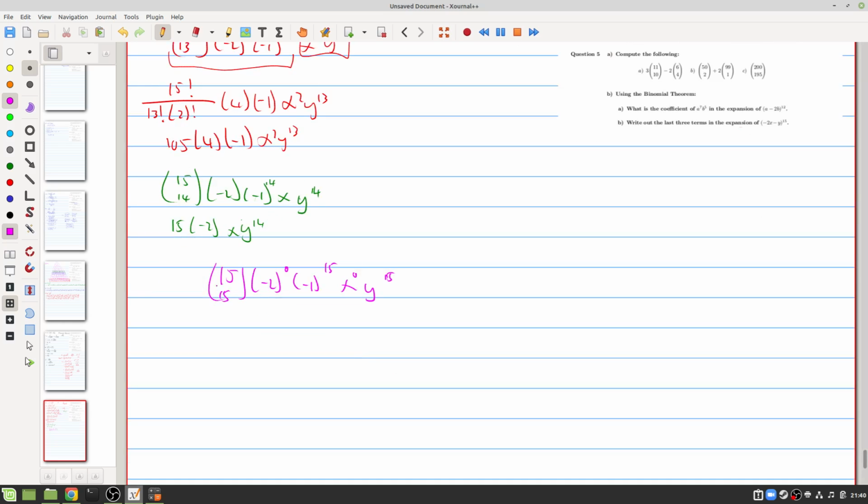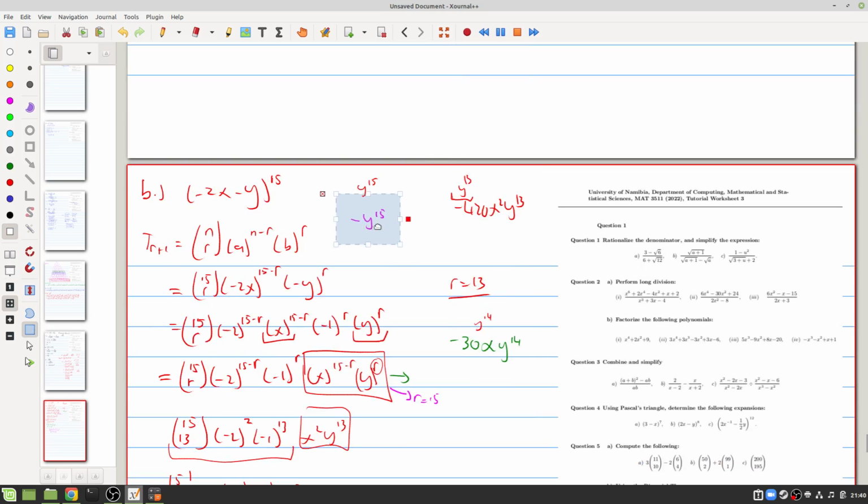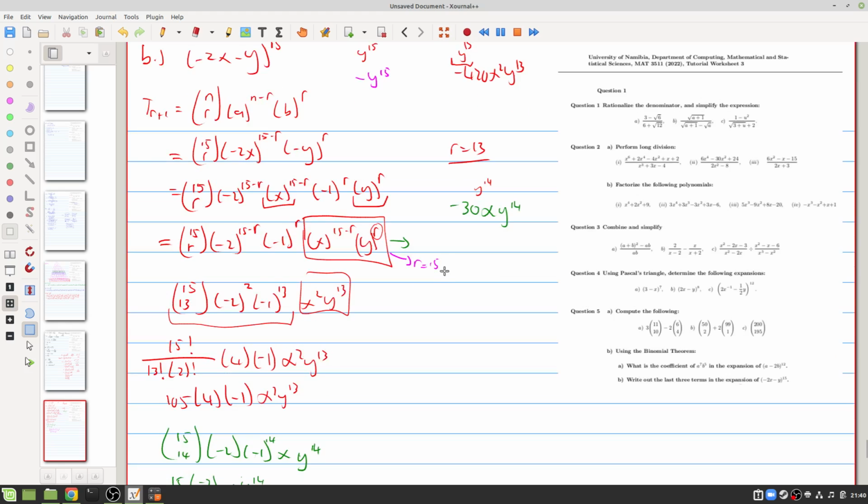So 15 choose 15 is 1, negative 2 to the power 0 is 1, negative 1 to the power 15 is negative 1, x to the power 0 is 1, and y to the power 15. So we basically just have negative y to the power 15. Okay, so that is our 15th term. So those are our last three terms.